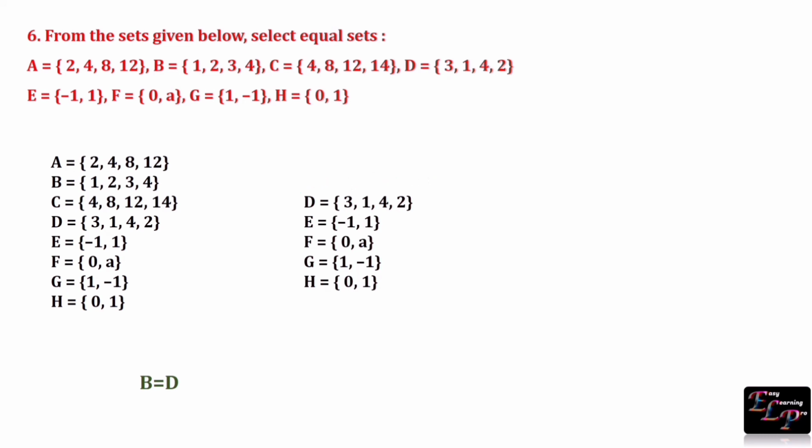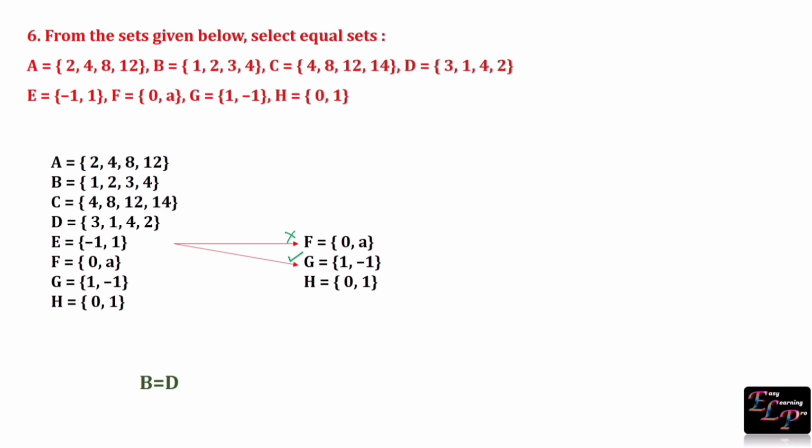Next we are going to compare set C with the remaining sets. Next set D. Next set E. Here set E and G have the same elements, only the order is different.